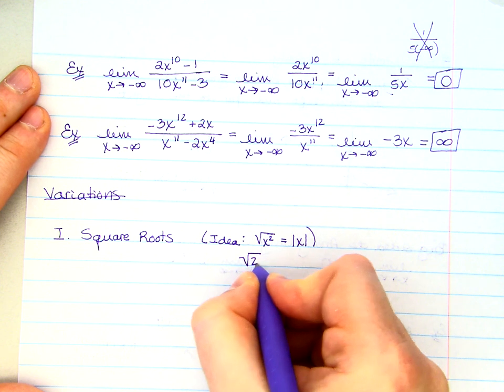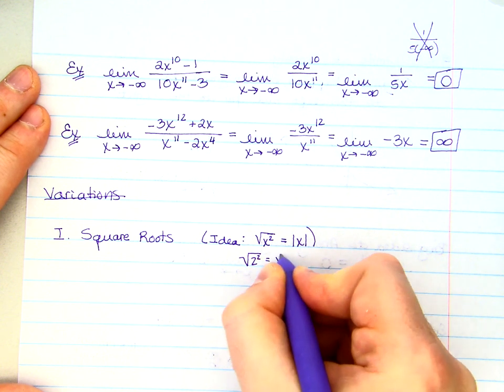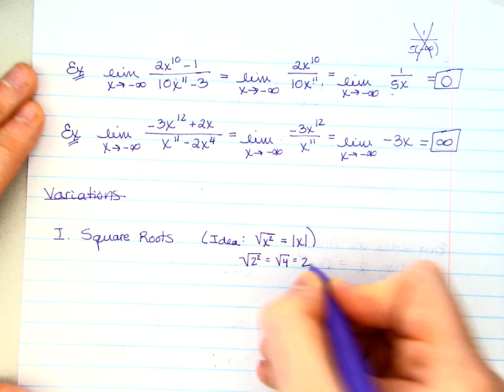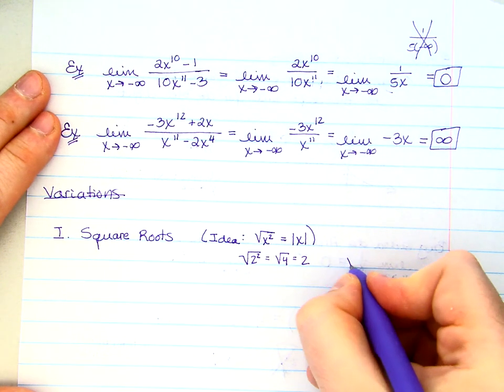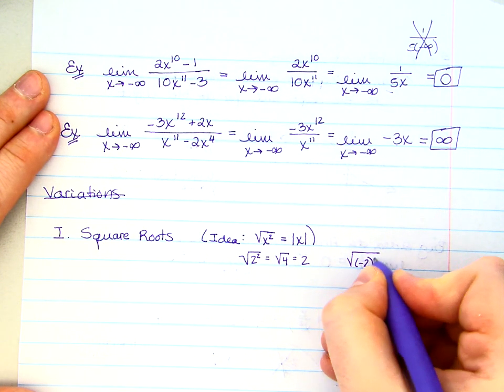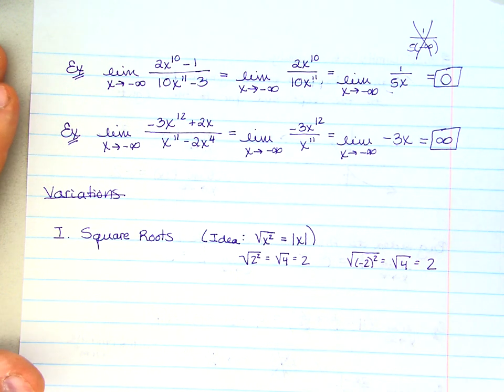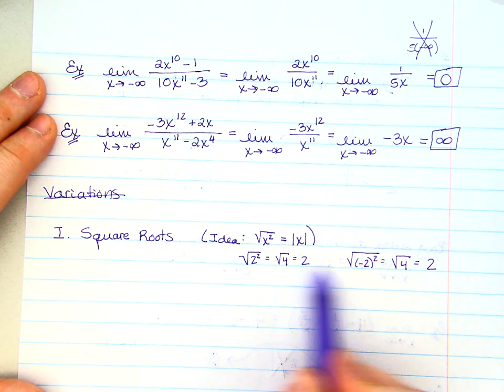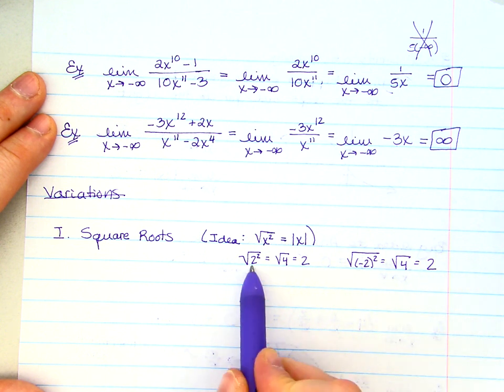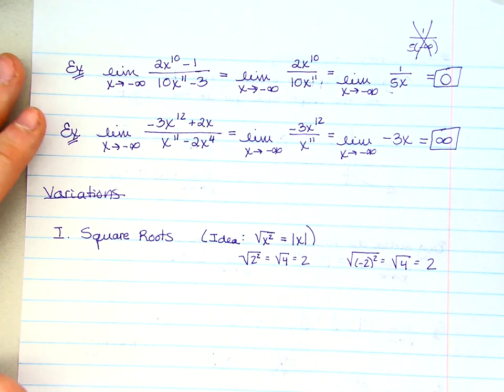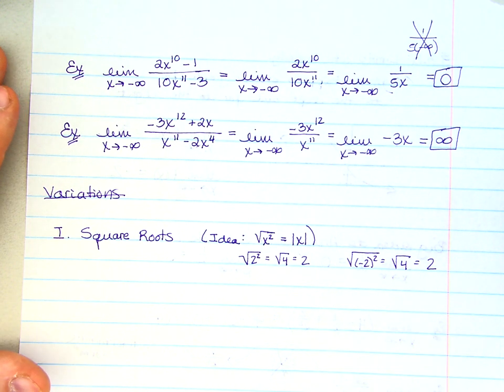If I have the square root of 2 squared, that's the square root of 4, which gives me 2. If I want to do the square root of negative 2 squared, that's the square root of 4. That's also 2. We can't just say the square and the square root cancel each other out. That's true if the thing inside is positive, but if it is negative, we need to take the absolute value of that x value.